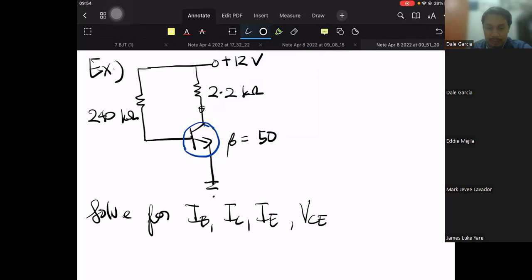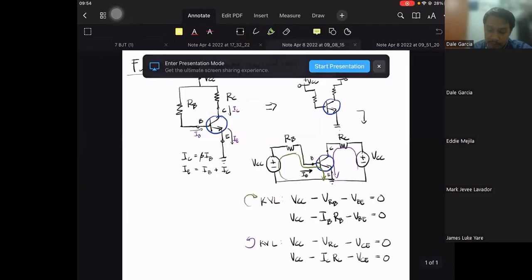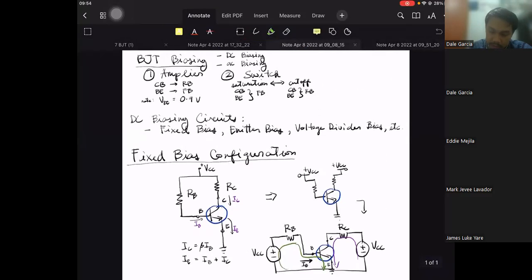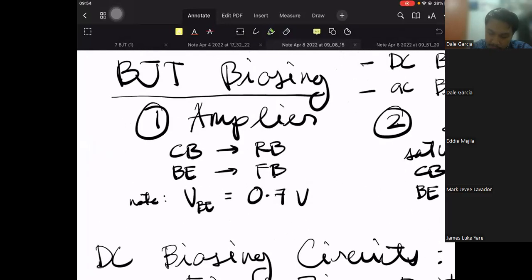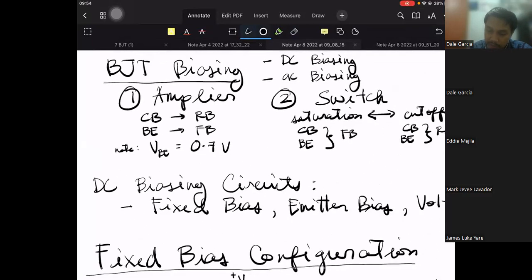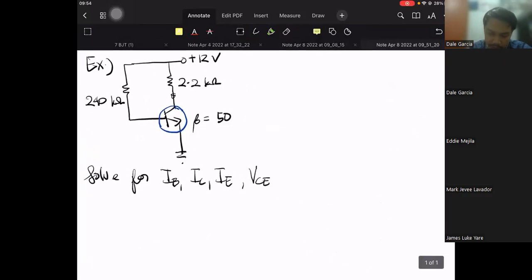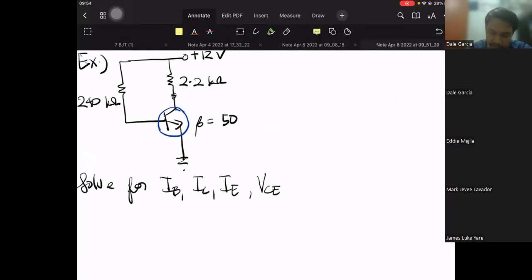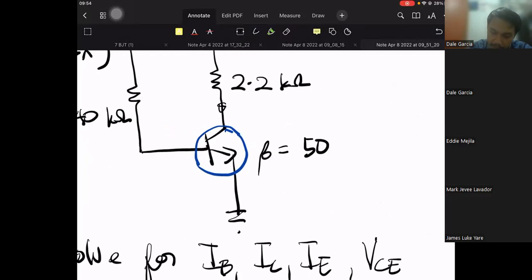No need, because VCB is for amplifiers, reverse bias, remember? For an amplifier, the collector to base is reverse biased, and that is ignored. So no need to solve for that one. We always solve for the voltage VCE. VBE is already given, or I mean, is constant. So for IB, IC, IE, and VCE, where do we see them?